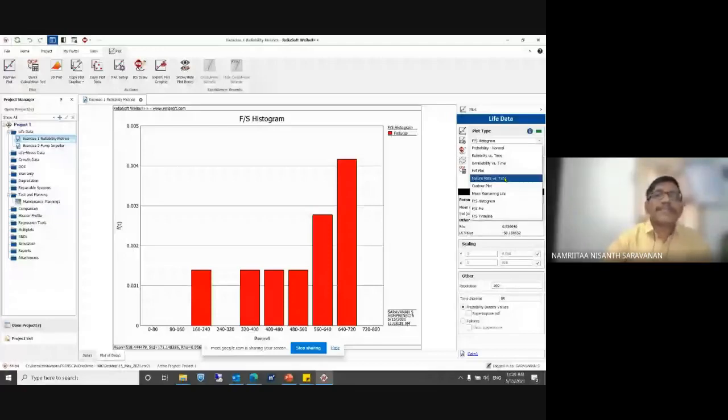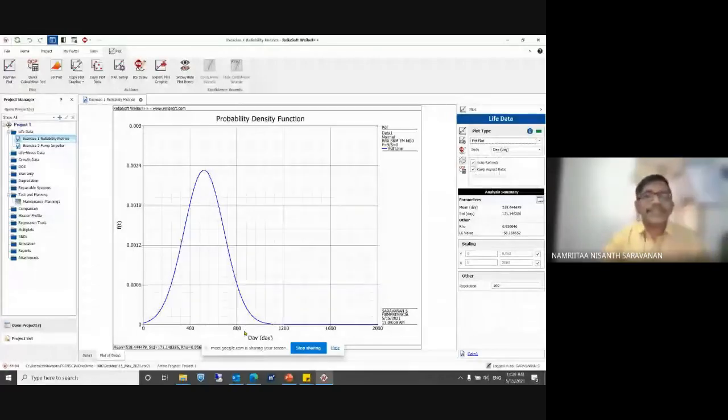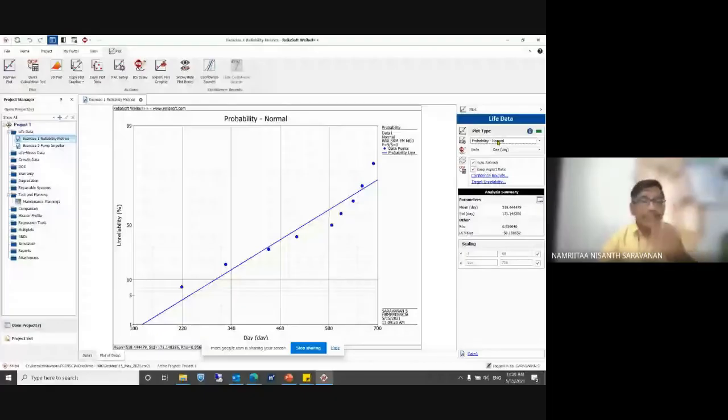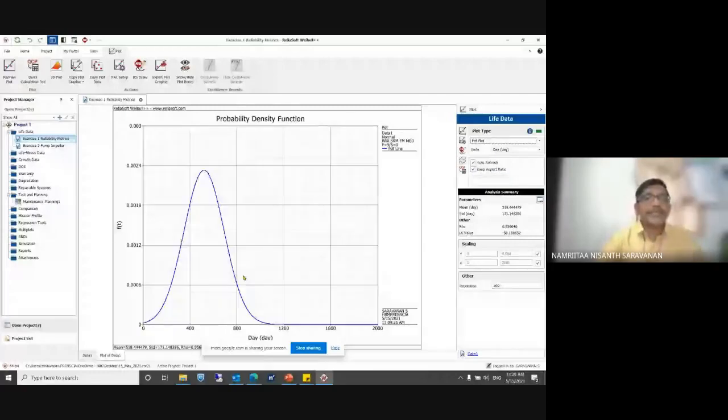If I see the PDF curve, you can see it like this. You can see the scale is adjusted automatically. In another way, you can see the probability of failure, called the CDF curve. With the PDF curve, you need to find the area under the curve to get the reliability value.